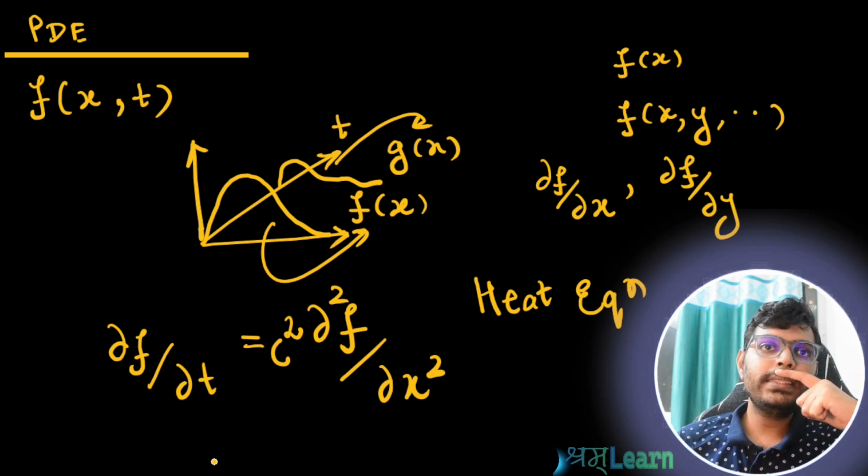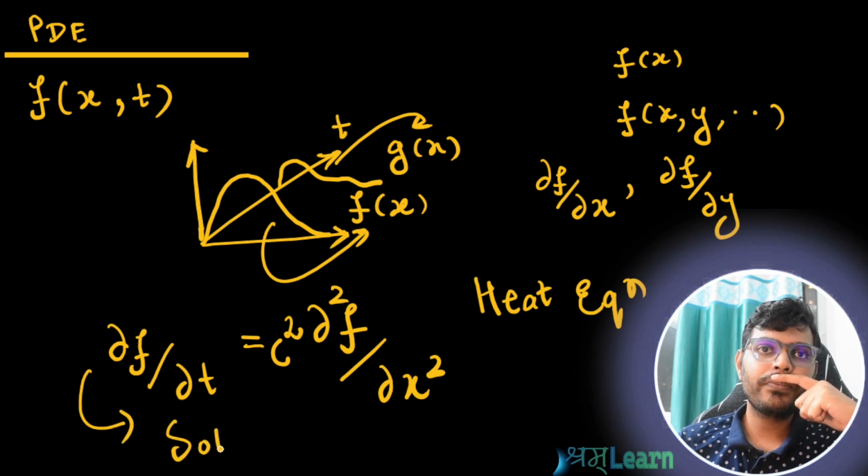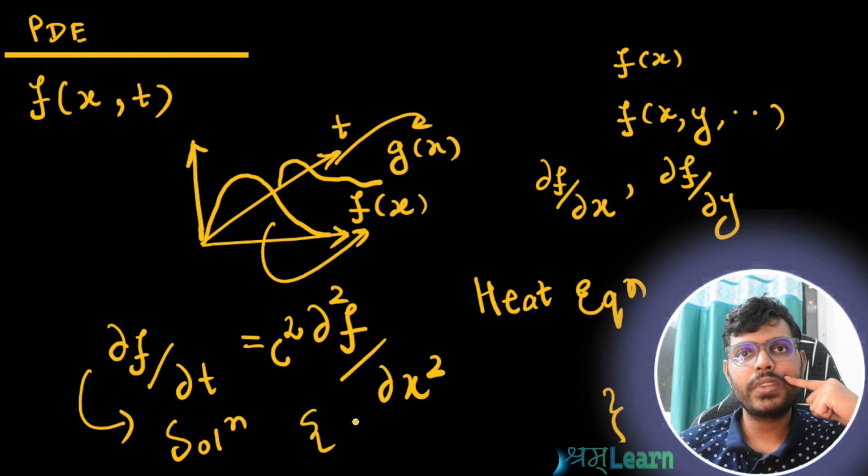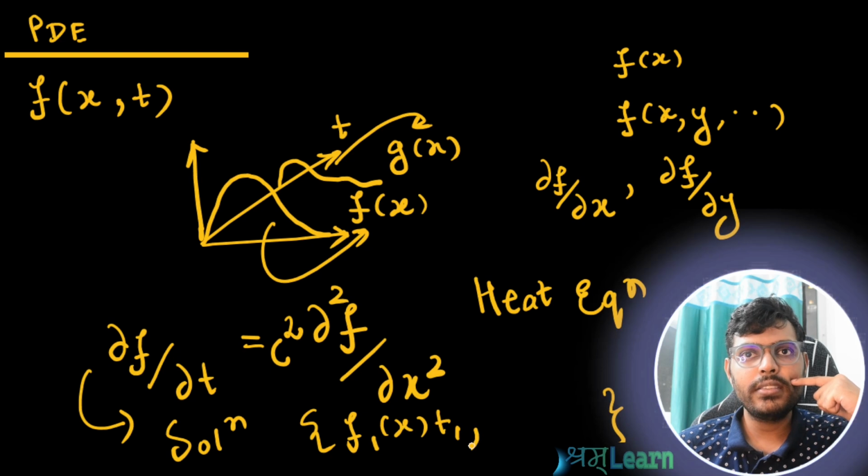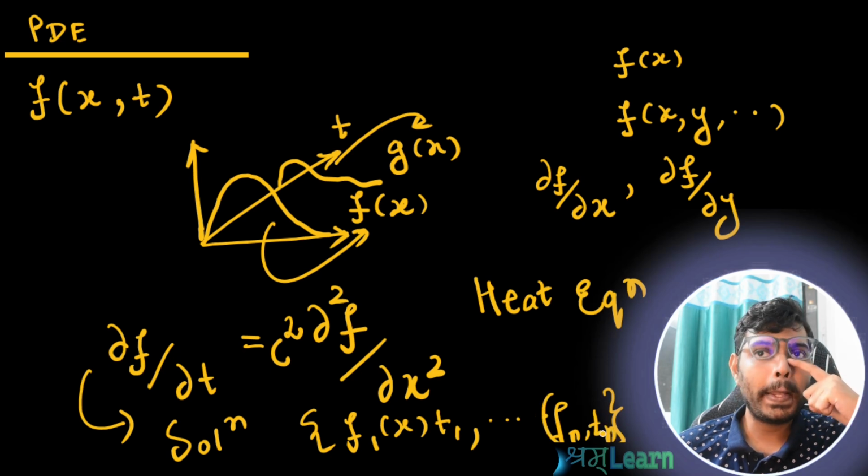So what is the solution of this differential equation? The solution is nothing but a bunch of ordered pairs: f1 of x, t1, and so on, fn comma tn, right?